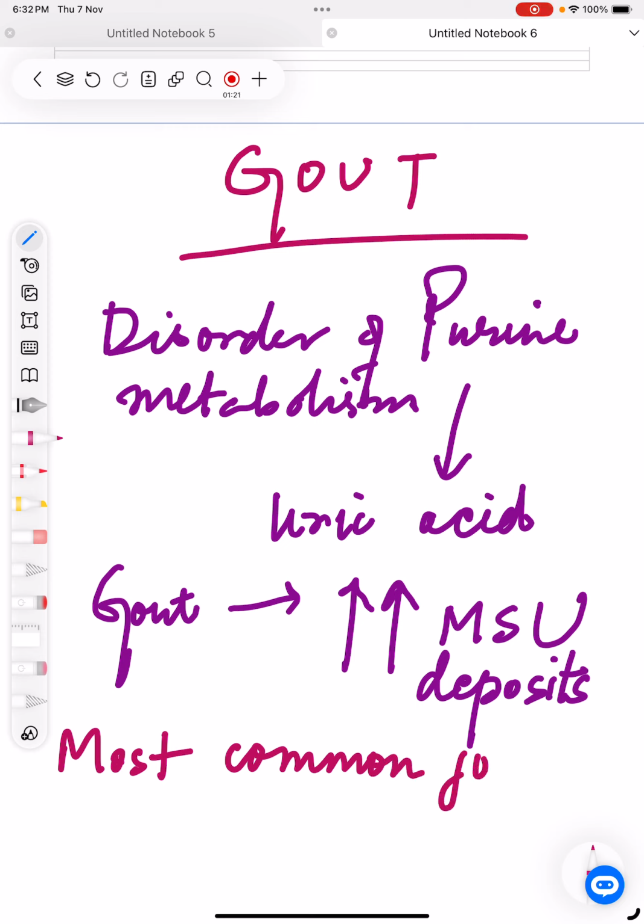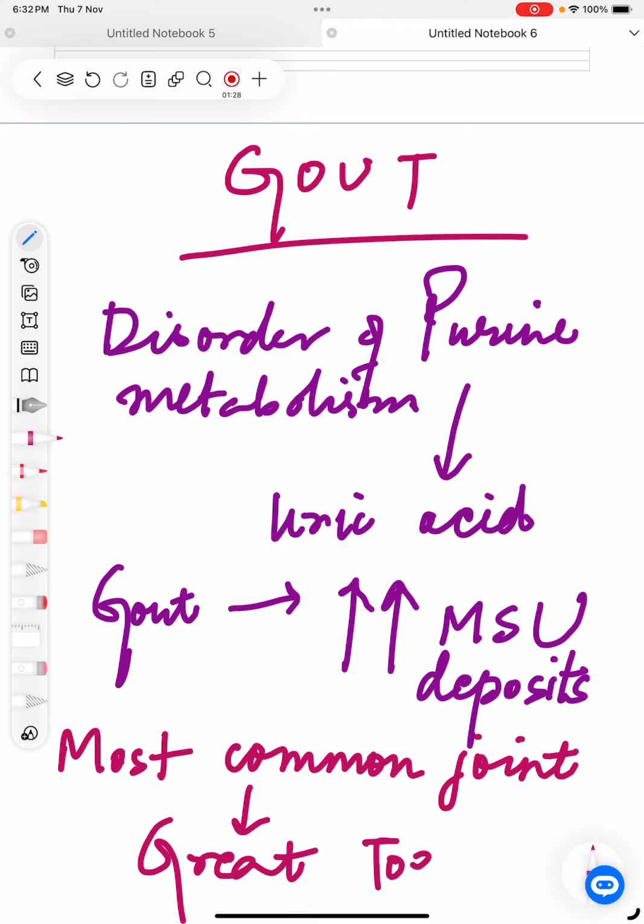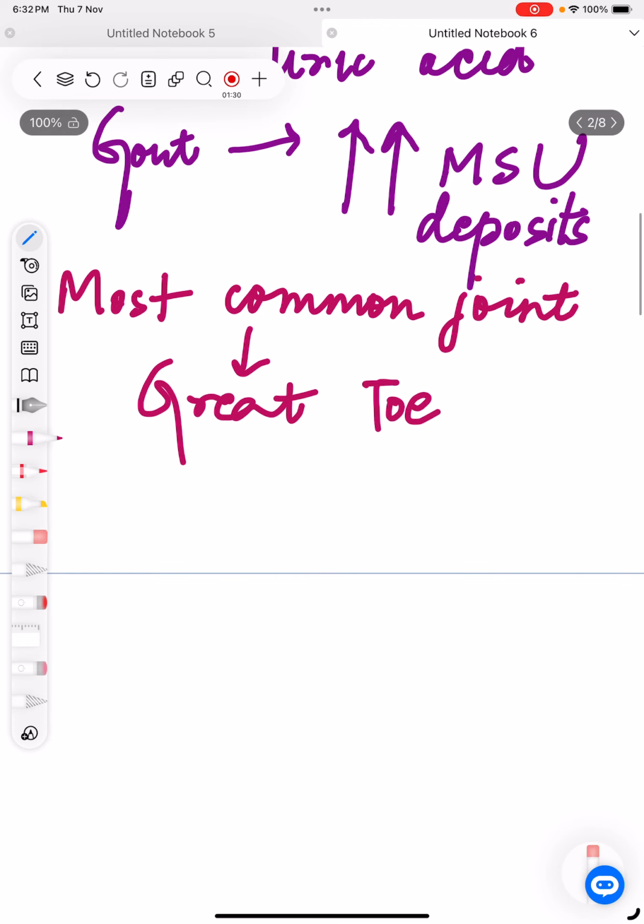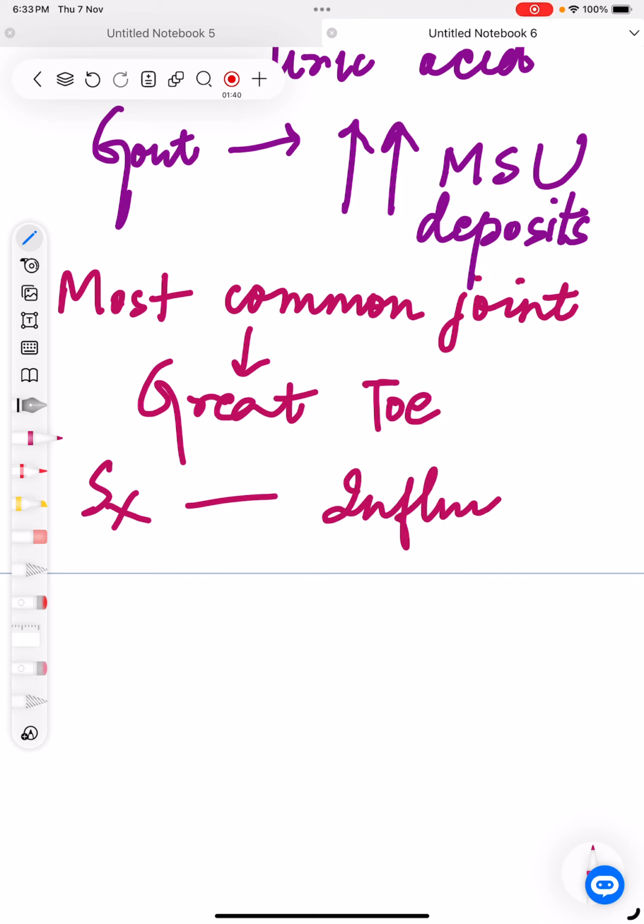Now, the most common joint which is affected is the first metatarsophalangeal joint, or the first metatarsal joint. What is the symptom? Obviously, you can see that this joint is inflamed. Inflammation characterized by redness, excessive tenderness.